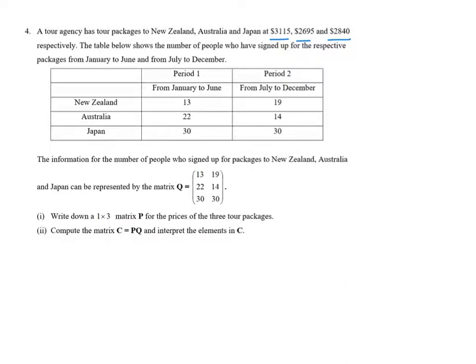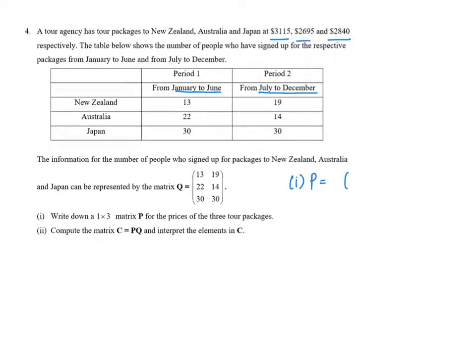Now the table below shows the number of people who sign up for the packages from January to June and July to December. Alright, so we have period 1 and period 2. The information is given by the matrix Q, and they ask us to write down a matrix P for the prices of the tour packages. So part 1, the prices of the tour packages in a 1-by-3 matrix.